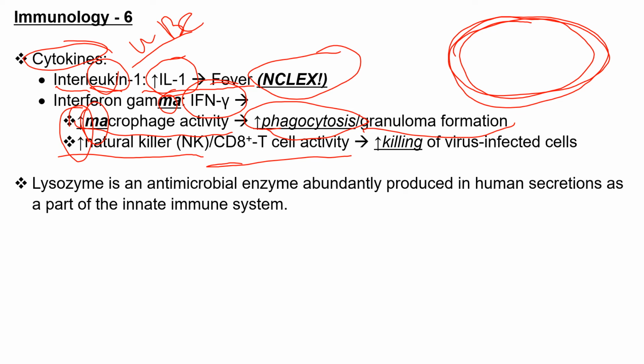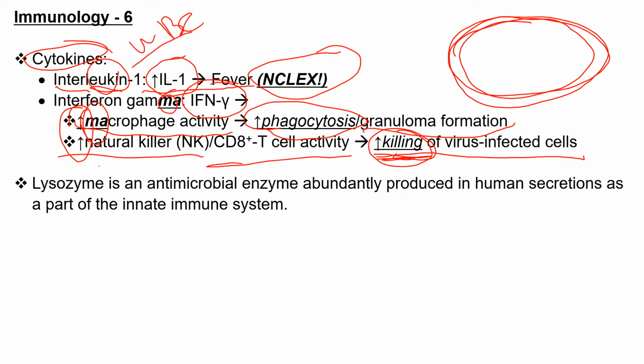Natural killer cells and cytotoxic T cells increase their ability, with a name like that, cytotoxic, natural killer. What they do is they usually kill cells that they think are potentially going to harm us, and so they just do so in greater numbers, for example, virus-infected cells.